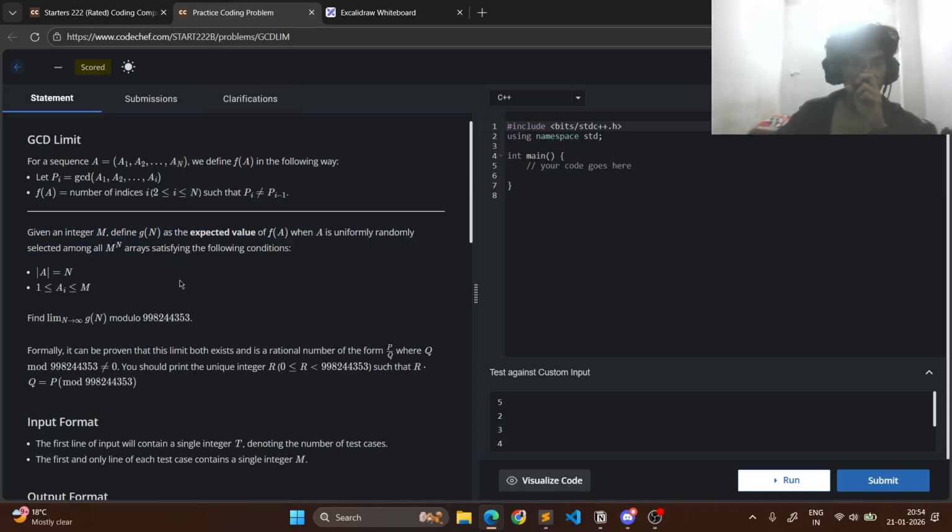Alright, given an integer m, define g of n as the expected value of f of A when A is uniformly randomly selected among all m to the n arrays satisfying the following conditions. Every element could be from 1 to m, and this is for every 1 to n, so this is m to the n. Find the limit as n tends to infinity of g of n.